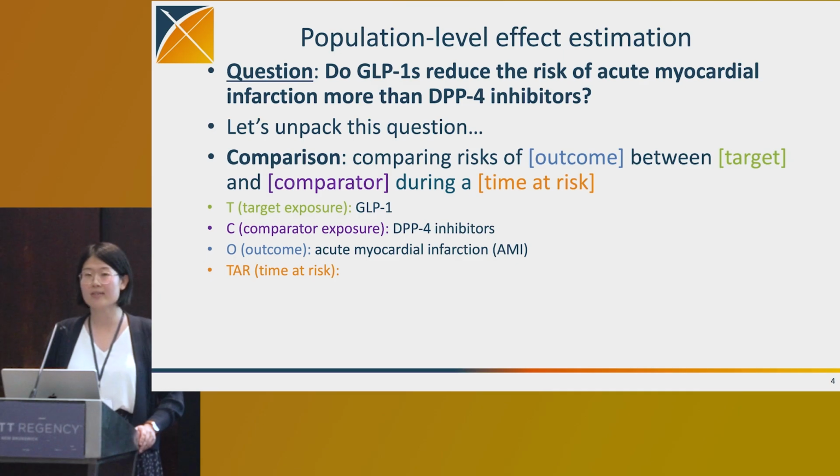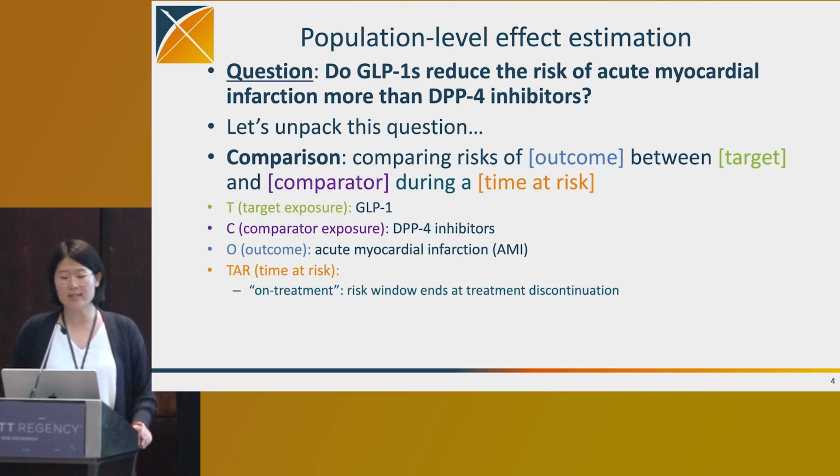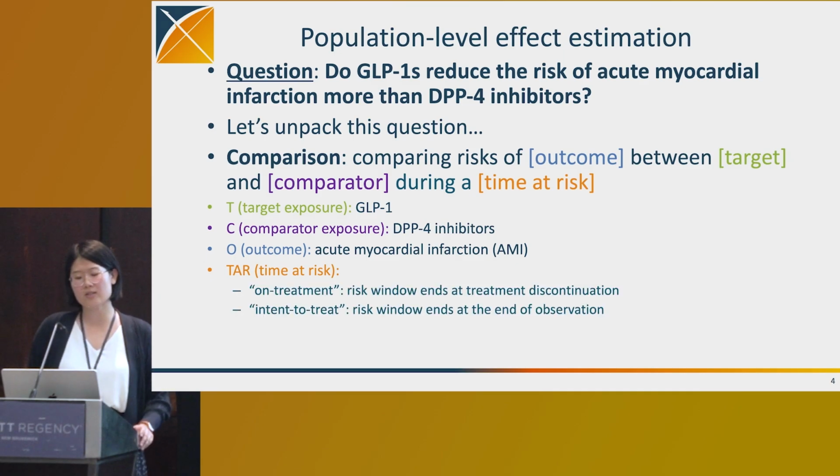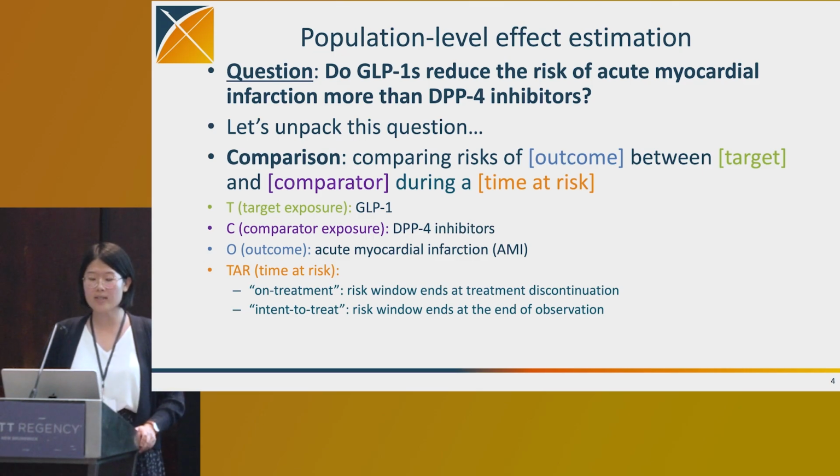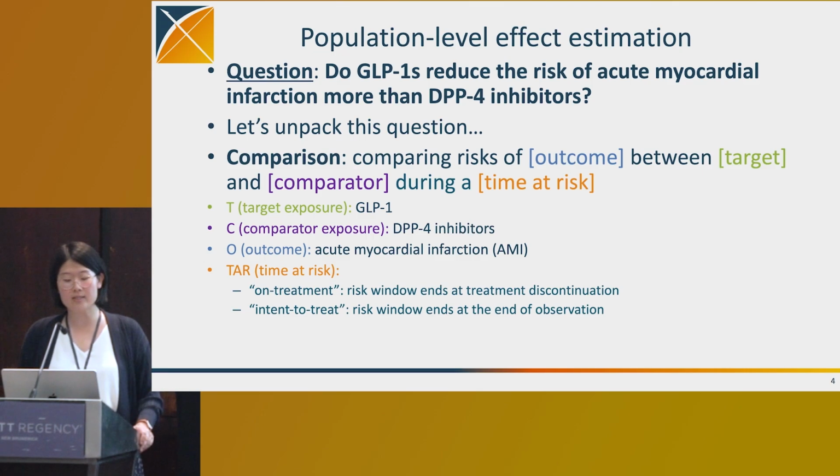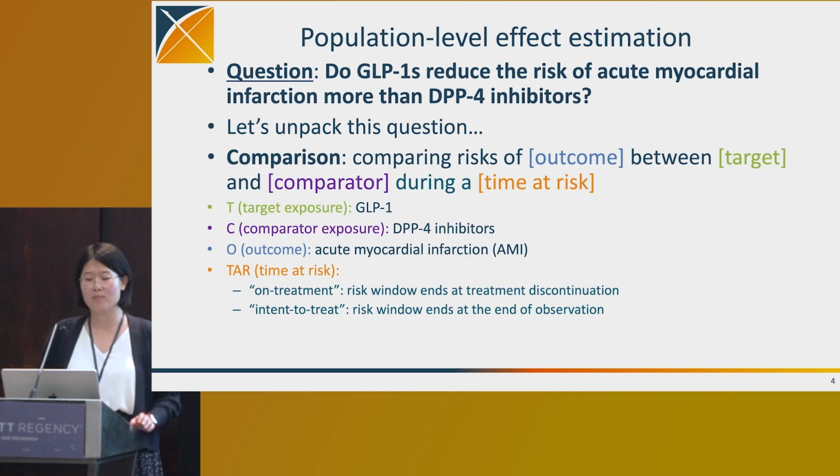The time at risk, in the Odyssey network studies, PLE studies, there are two common ways of defining time at risk. One is called on treatment, the other is called intent to treat. I will begin with the intent to treat because it's simpler. So intent to treat means the risk window ends at the end of observation.